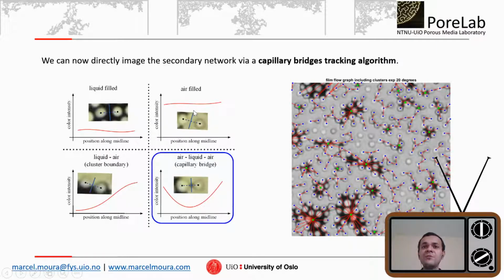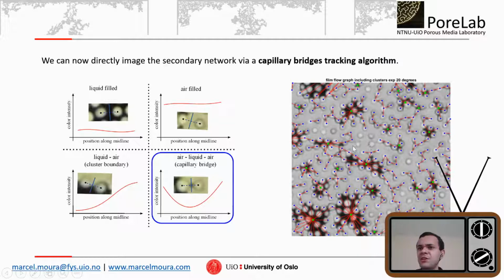For all beads, we consider this thick line here perpendicular to them, and then we see the color intensity along that line. If it's air filled, then you have a high intensity. If it's liquid filled, you have low intensity. And if it goes like a capillary bridge, you have something like that, from white to black to white: high intensity, low intensity, high intensity. So it's this kind of pattern that we're trying to track. And we use machine learning to do that, and this is the kind of thing that we obtain now.